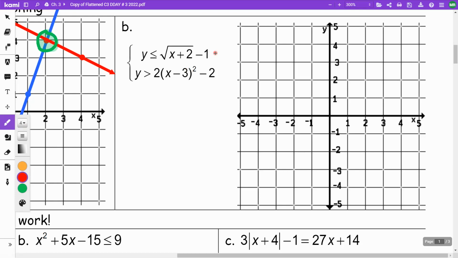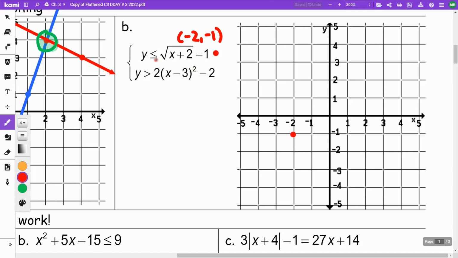Okay, so let's say I do this one in red. So for this, I am going to start at my starting point, which is going to be -2, because that's what makes the square root 0. Okay, -2, comma, -1. So I'm going to start at -2, comma, -1.